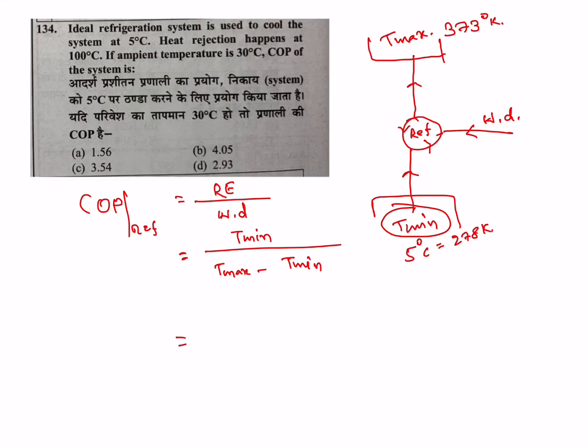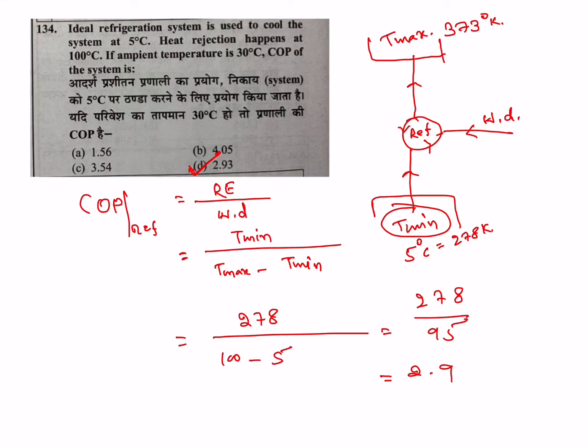So T minimum is how much? 278 Kelvin. 100 minus 5, 95. 278 divided by 95, you'll get 2.9. This is your COP. So option D is your correct answer.